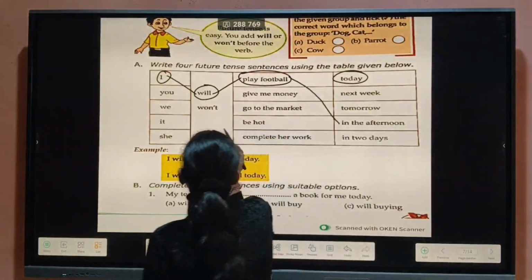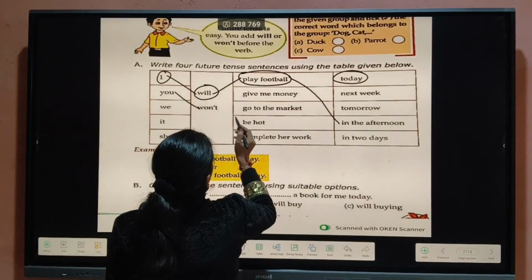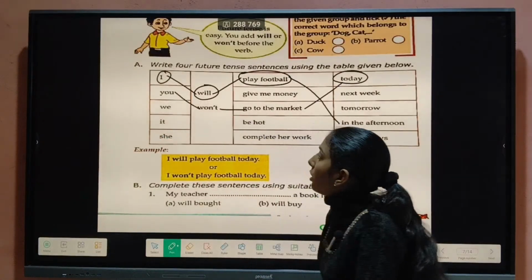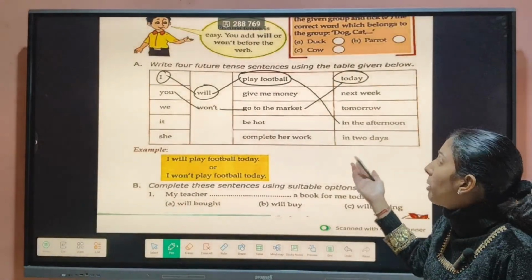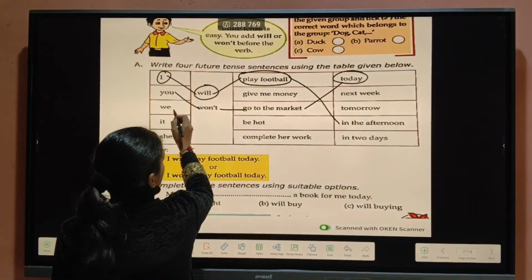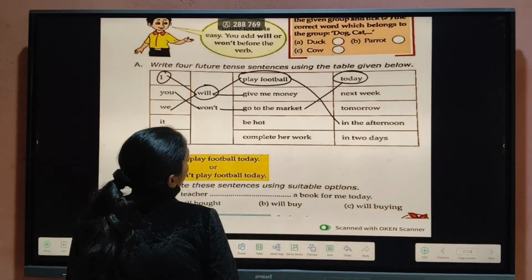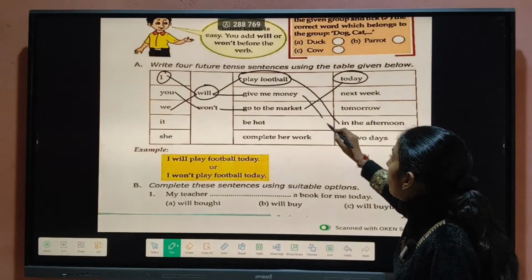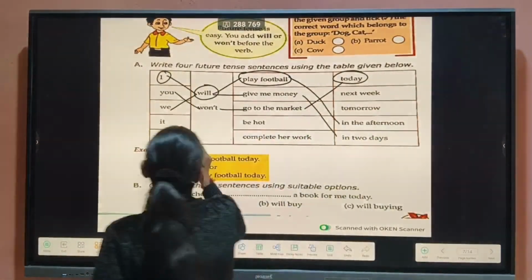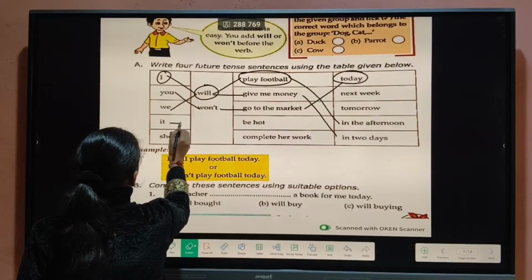Then, beta, the second sentence. You won't go to the market today. We will give money in 2 days.